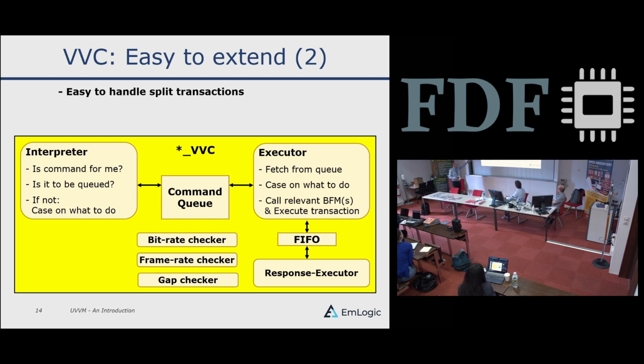In this case, the first executor will execute all the read requests, and then pass the same command that it got in the command queue on to the FIFO, and then the response executor will handle those in order, all the read responses. That means it's an extremely structured way of handling split transactions. And you can even do this for out-of-order transactions if there's a queue there and not a FIFO.